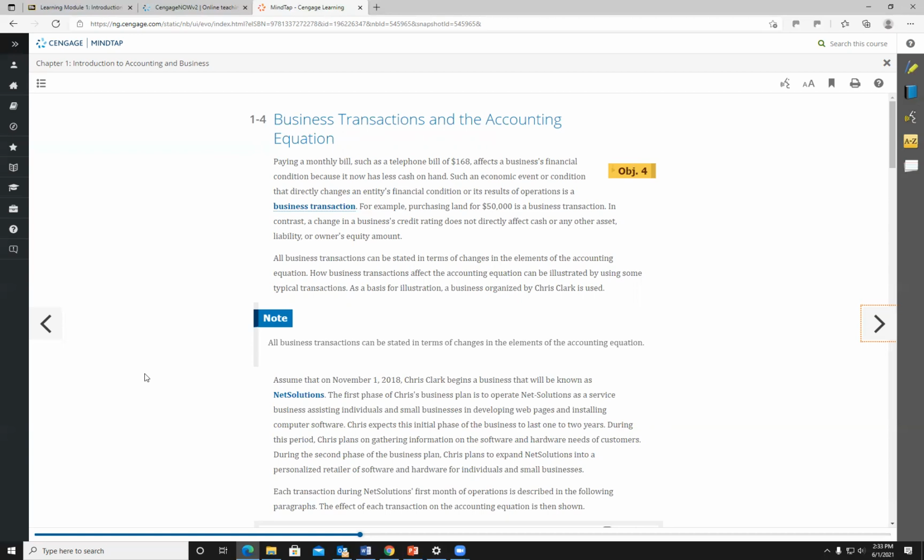If you increase assets, you have to either increase liabilities or increase equity, because assets have to equal liabilities plus equity. So if you increase one side of the equation, you have to increase the other. In simple terms, a business transaction is any transaction that changes your accounting equation, whether it's increasing one side, decreasing the other side, or vice versa.